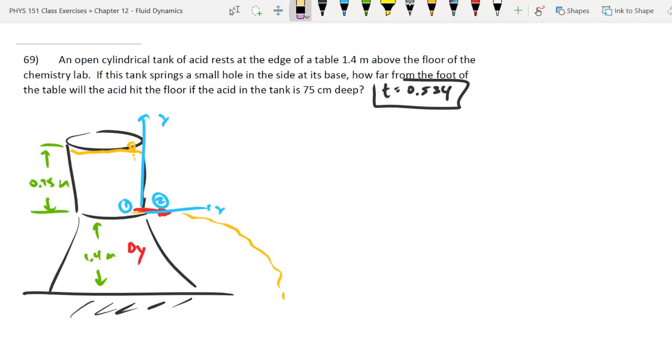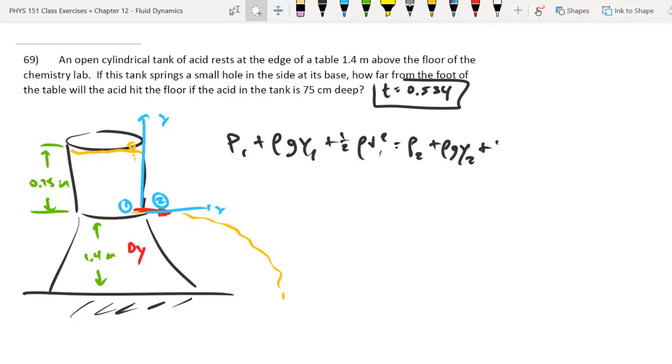So if we write out Bernoulli's equation, we have pressure 1 plus rho g y1 plus 1/2 rho v1 squared is equal to pressure 2 plus rho g y2 plus 1/2 rho v2 squared, right?